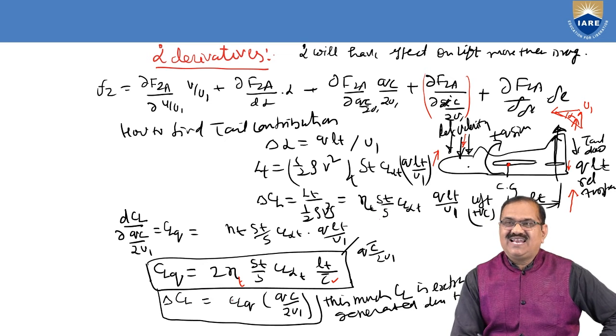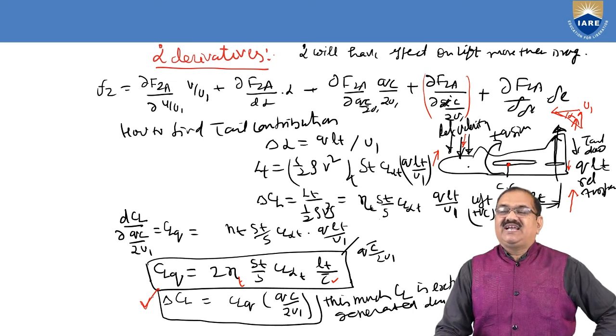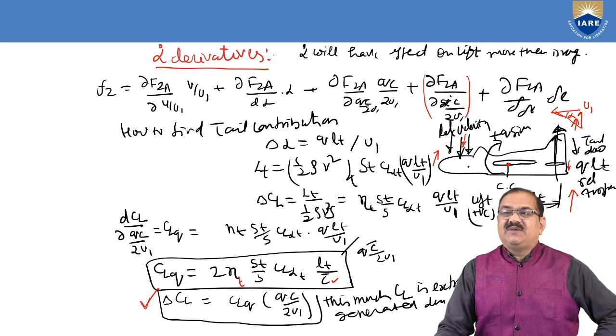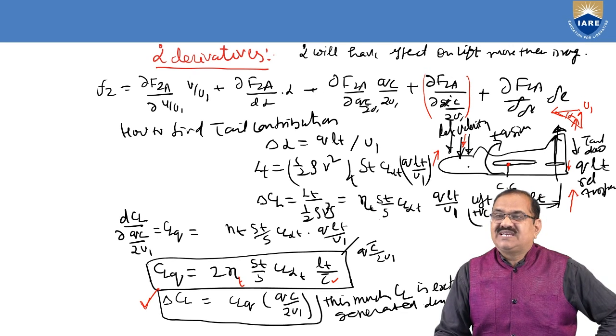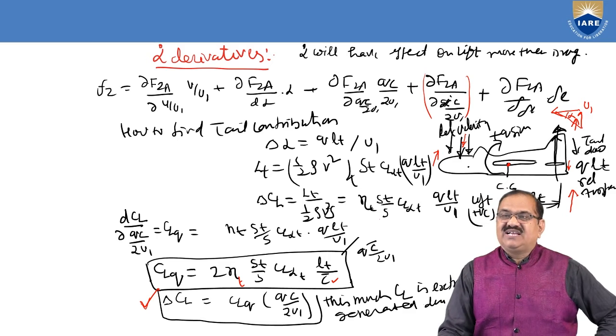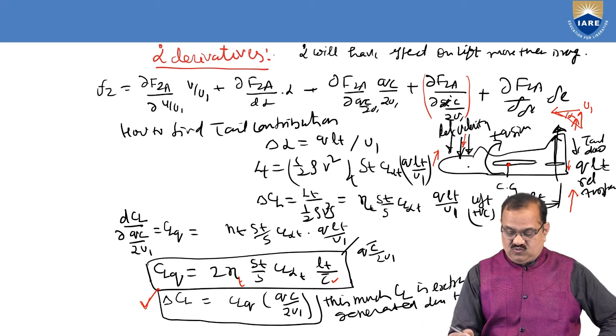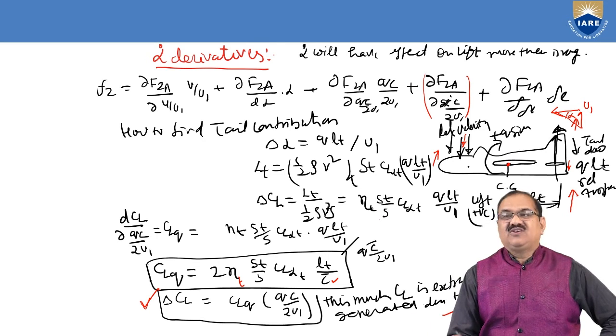This delta CL is equal to CLQ QC by 2U1. So in this way you can find out how much lift is generated by the change in pitching moment. This much CL is extra generated by the Q.